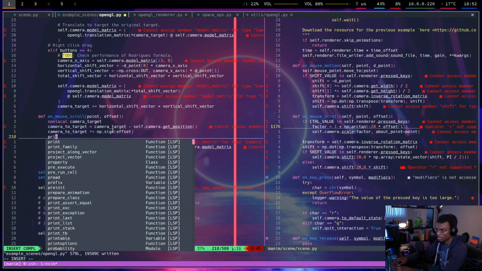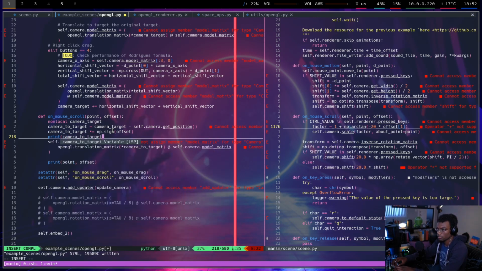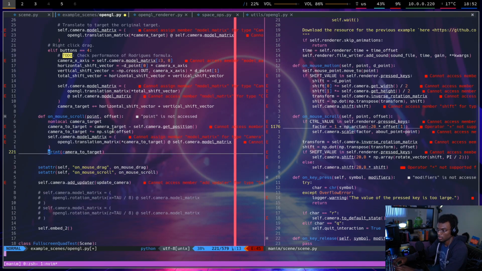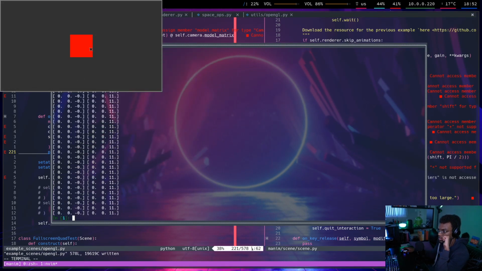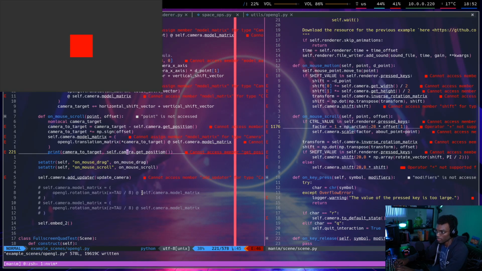I'm gonna print the vector. And then print the camera's new position. So the camera position is not moving, and it's giving me all zeros for camera to target.